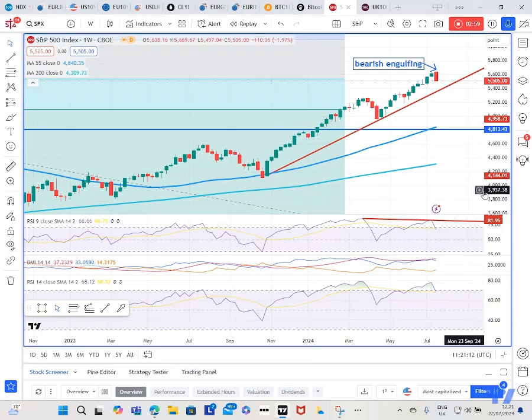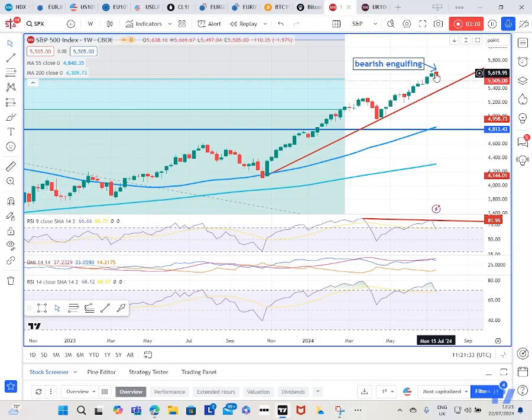Now, this is actually quite interesting because we've got a number of chart factors on this chart that would suggest that we need to start questioning whether the S&P remains in a healthy bull trend. The first of which is that we've got something called a bearish engulfing candlestick pattern.